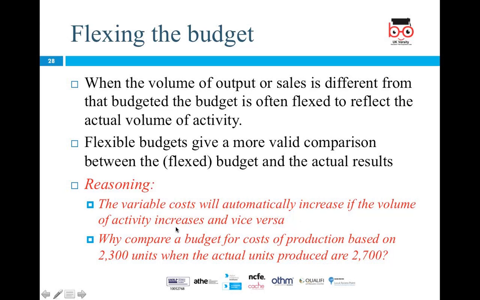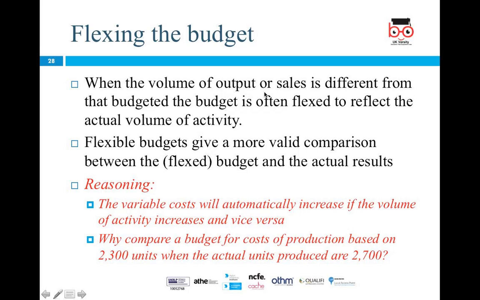Now we flex the budget, because the variable cost will automatically increase if the volume of activity increases, and vice versa. And if you compare the cost of production based on the previous unit, when the actual units produced are more than that or less than that, what will happen?